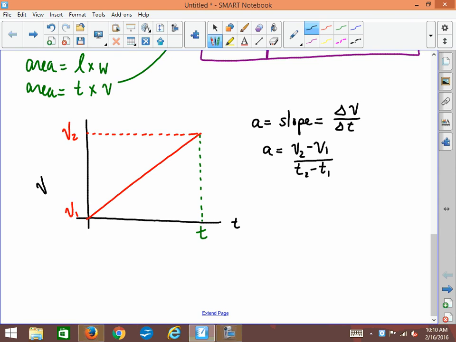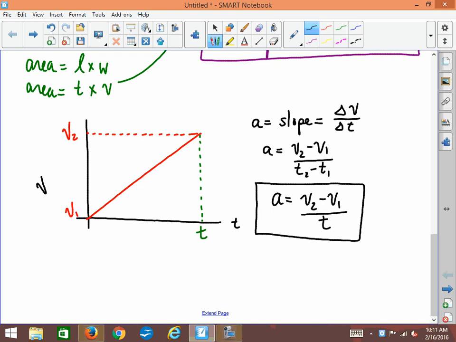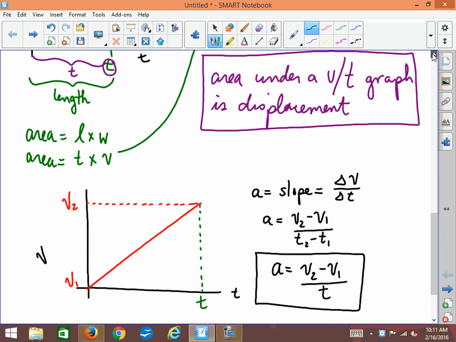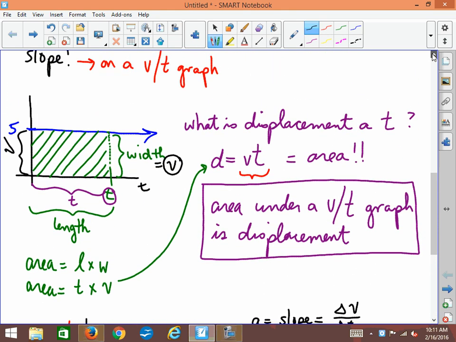But just like before, if t1 is going to be 0, then we can make this in a little bit simpler form, as long as we understand what we're doing. The change in speed over the amount of time that's taken for that change to happen. Okay, so we have this new slope equation, which looks very much like the equation for velocity.